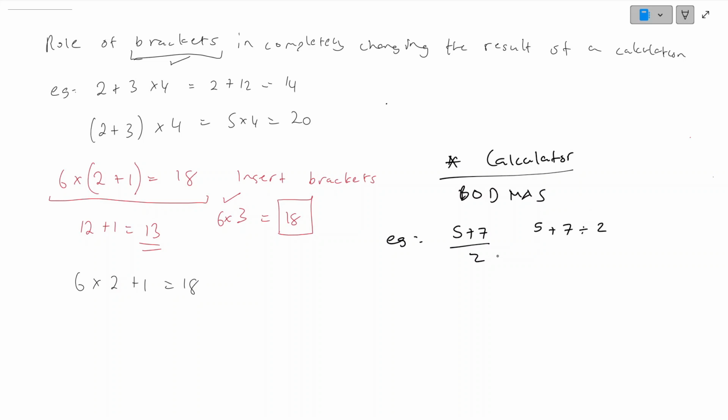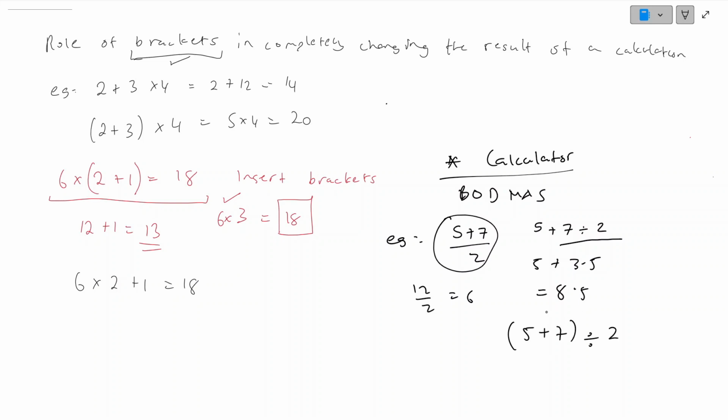But your calculator does not know that you want to solve it that way, so it will apply its order of operations and do the 7 divided by 2 first, which gives 3.5, then add 5 to that. So it will give you 8.5 instead of 12 over 2, which is 6. To make sure you don't have that problem, you need to add brackets around your 5 plus 7: (5 plus 7), then you want that entire thing to be divided by 2. So you actually use the skill of inserting brackets when using your scientific calculators.